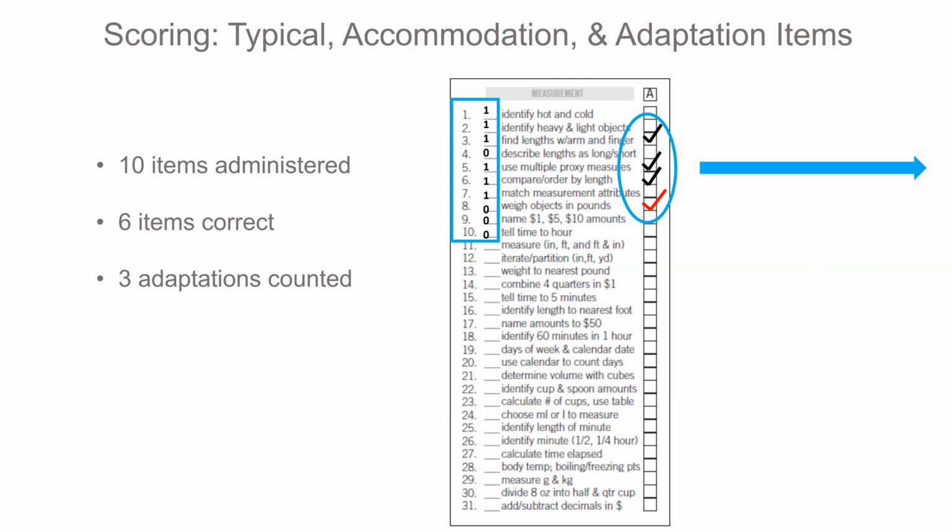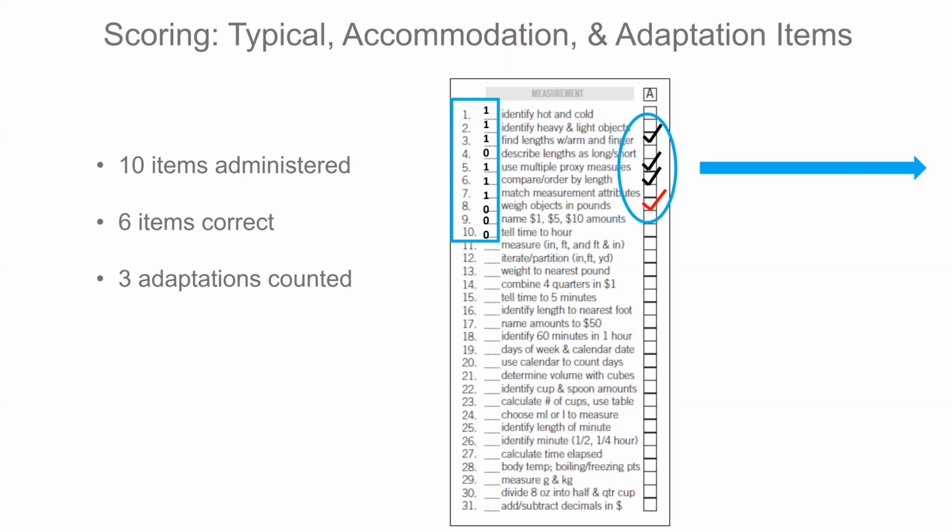The red check mark that you see shows that the adaptation version was given in item 6, but the student answered incorrectly. The student scored 0 on that item, and you don't want to penalize the student an additional half point, so don't count that adaptation.